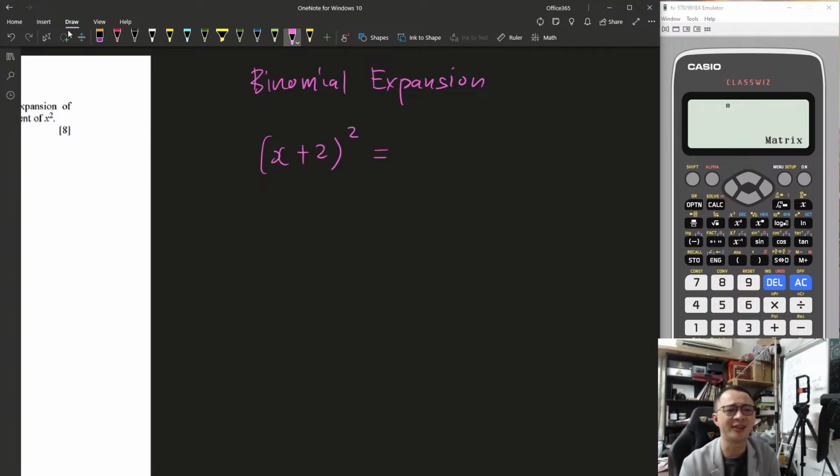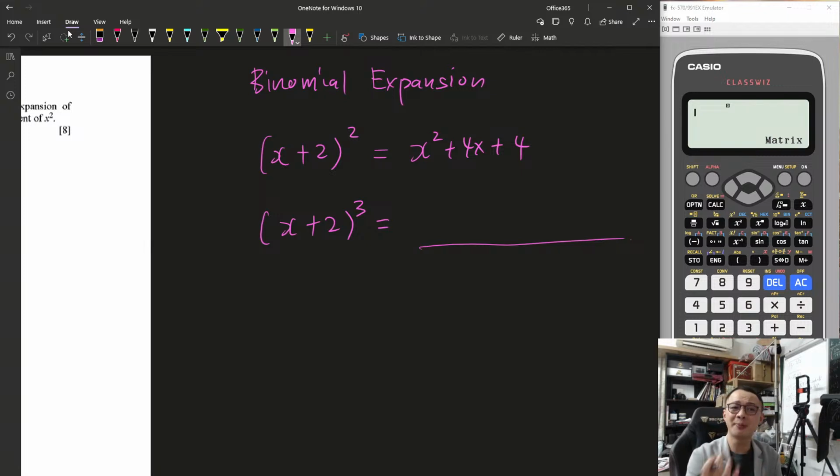A lot of students know how to expand this really fast, which is x squared plus 4x plus 4. However, if you have (x + 2) to the power of 3, then not all the students know how to expand this. So the purpose of binomial expansion is that even if you have (x + 2) to the power of 30, there's a formula for us to expand it.